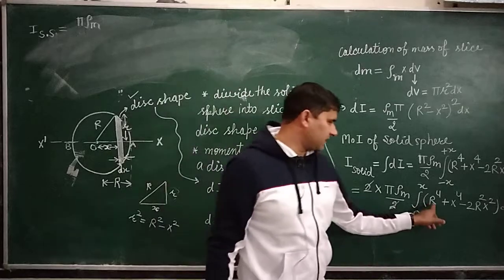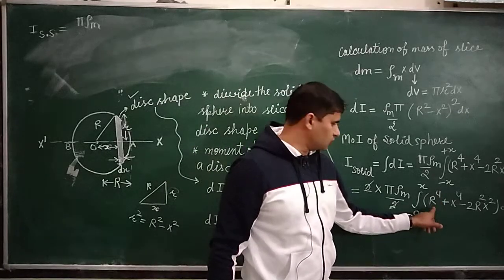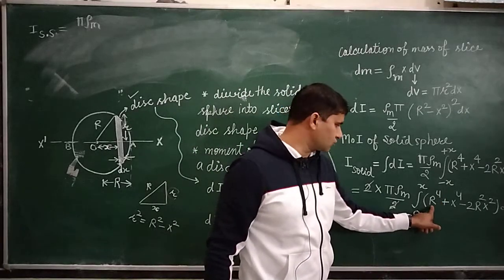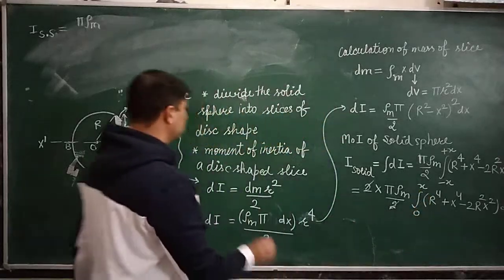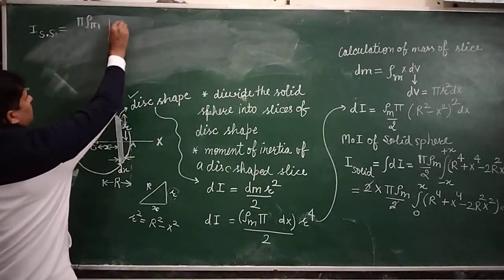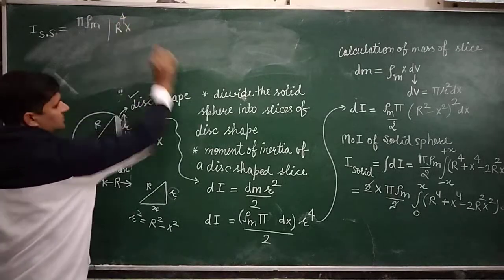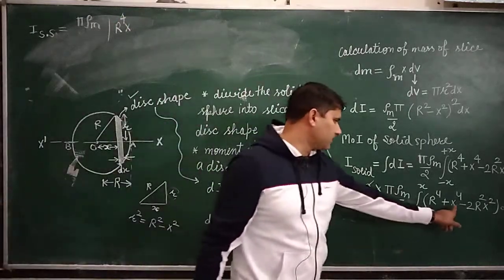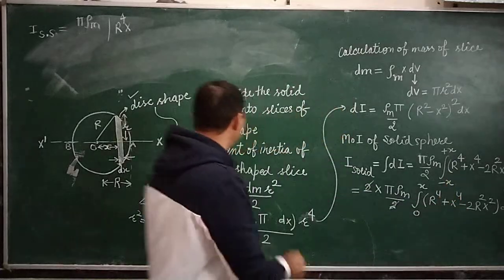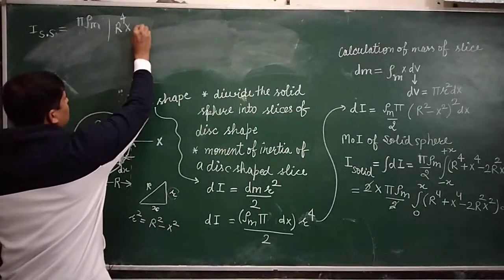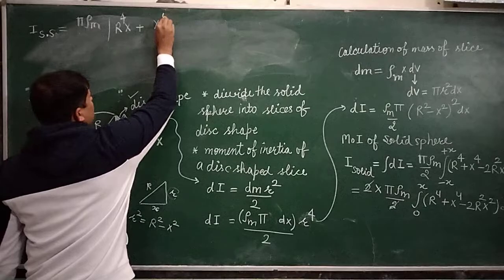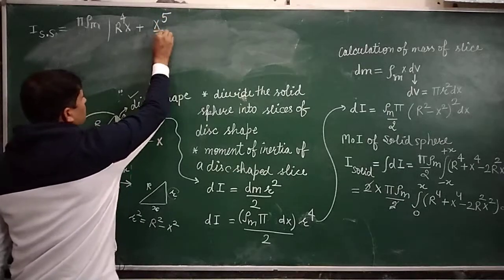If you integrate r raised to power 4, you see r is the radius, this is a constant, so its integration will be r raised to power 4 into x. Then you have x raised to power 4, and its integration will be plus x raised to power 5 by 5.